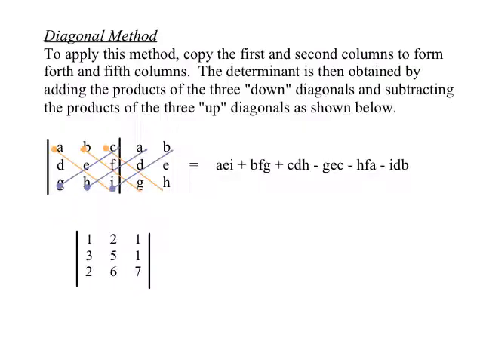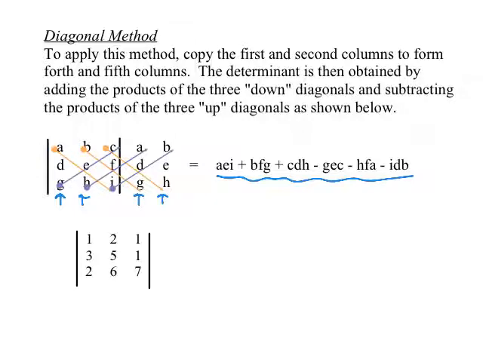Okay, here's the diagonal method. The first thing you want to do is recopy the first two columns of data to the right of the matrix. Then notice the little calculation. That's a lot to memorize with letters.